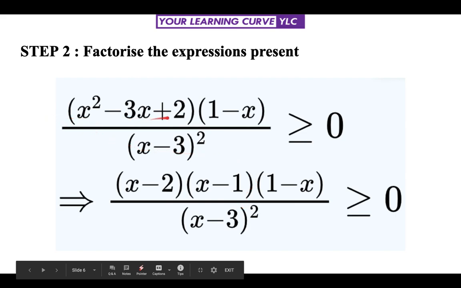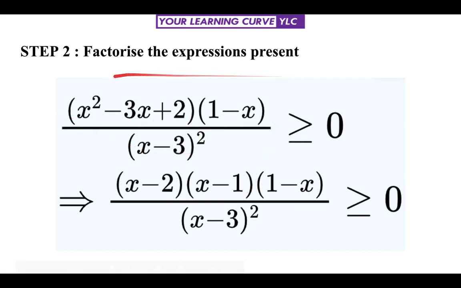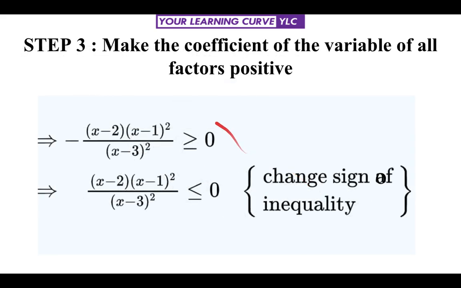So we have factorized everything given in this question and we have to find the values of x for which this function will be greater than or equal to 0. The next step involved is you have to make the coefficient of the variable of all factors positive. Means whatever factors are involved in this function, you have to make the coefficient of variable positive.